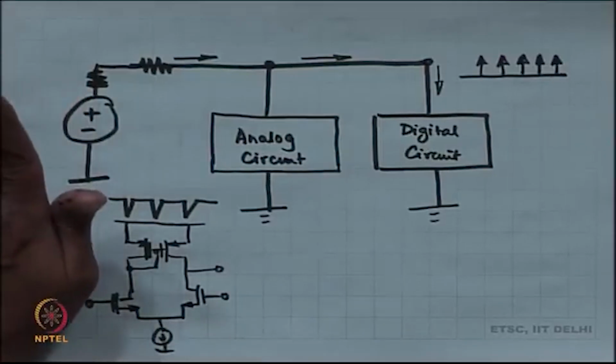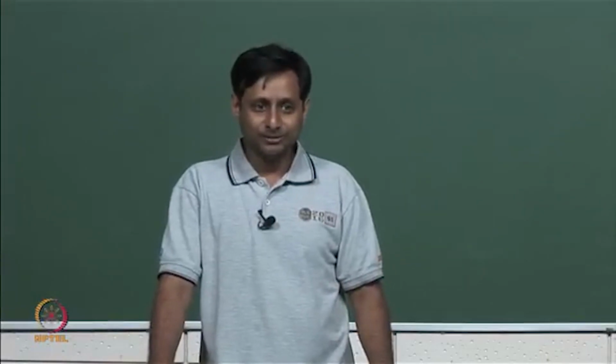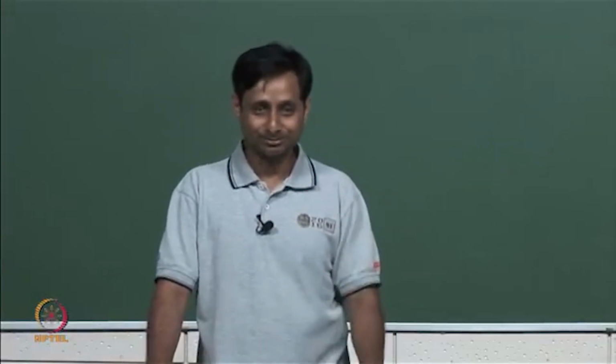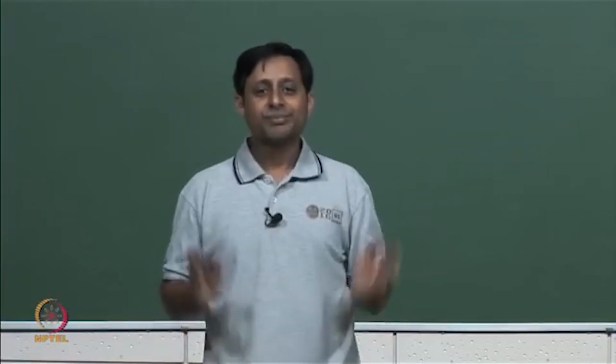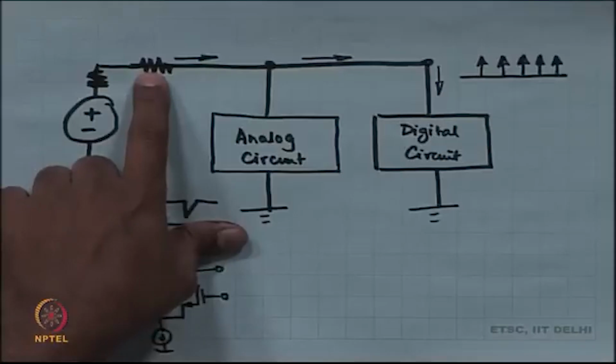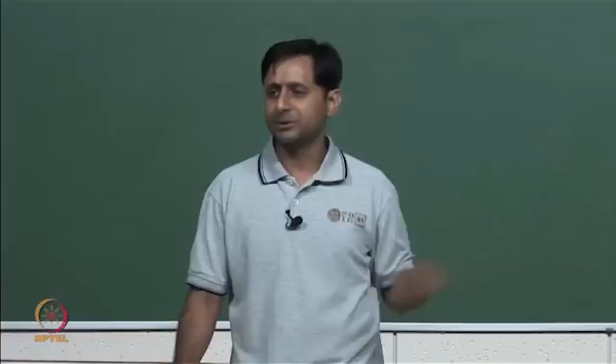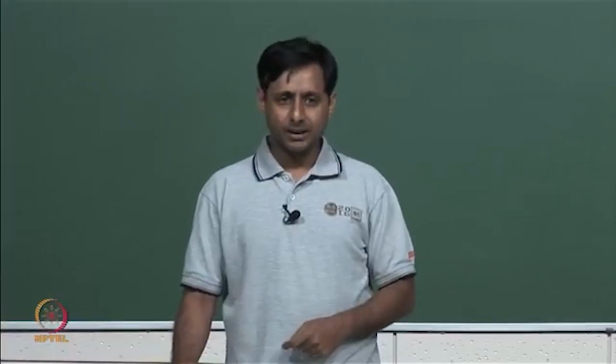Murphy says that if something can go wrong, it is going to go wrong. So, what typically happens is that this wire is not just resistive, it is also very inductive. Why is it inductive? Because it is a long thin wire.